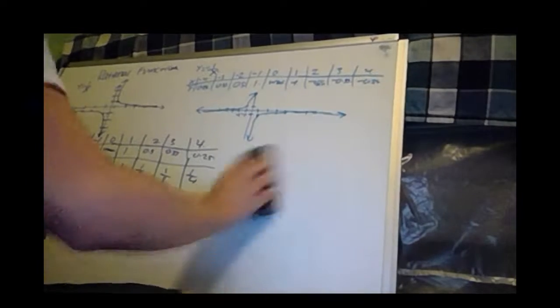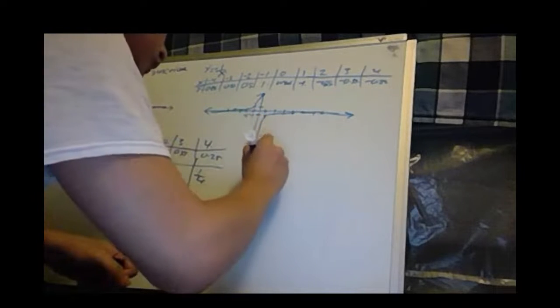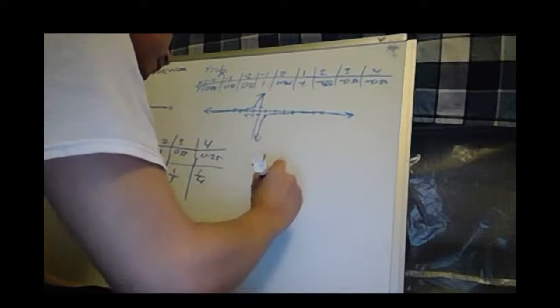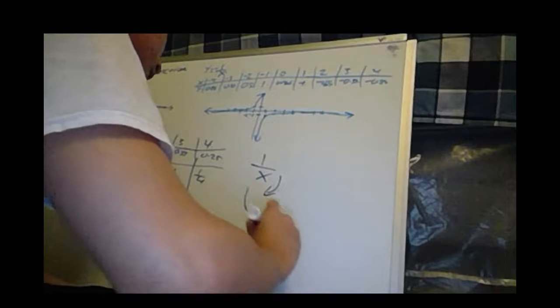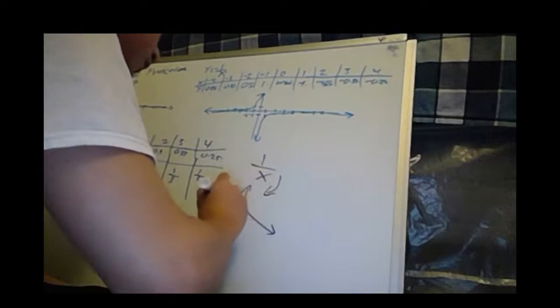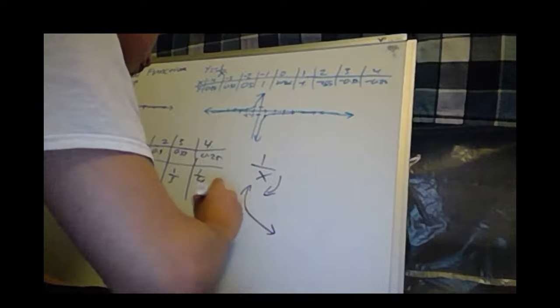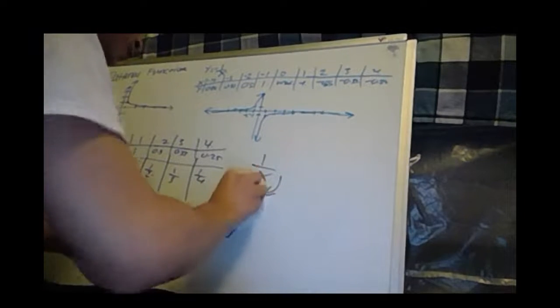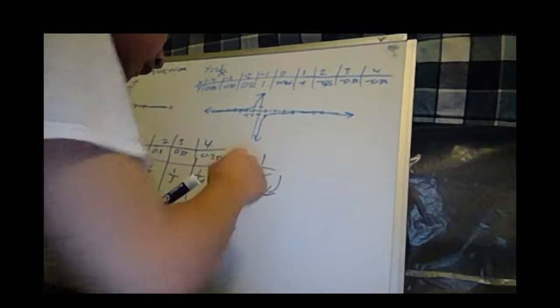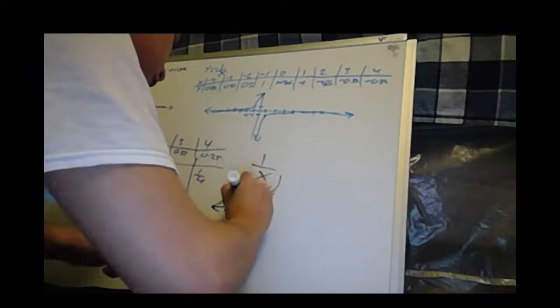Actually, let me put that in the marker that I put it in. So 1 over x is like this, right?